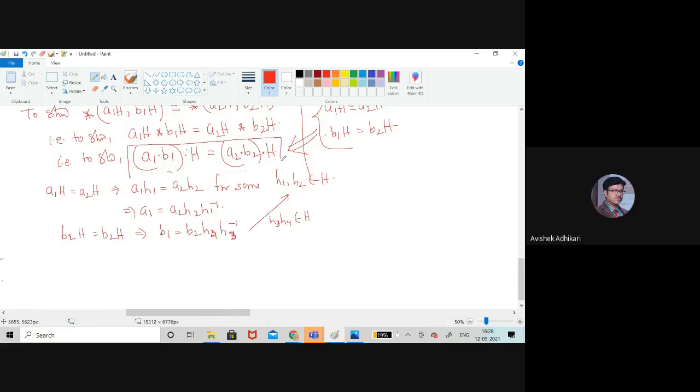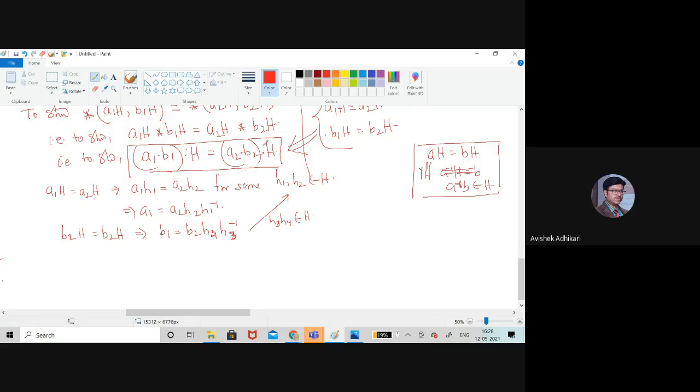Just now we have shown that AH equal to BH if and only if A inverse B belongs to H. And I have shown you that it should be A inverse B and not B inverse. Clear?